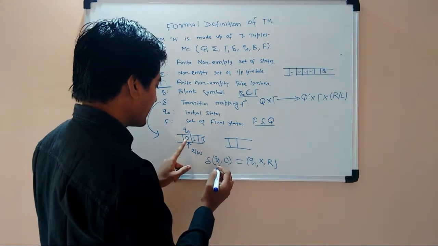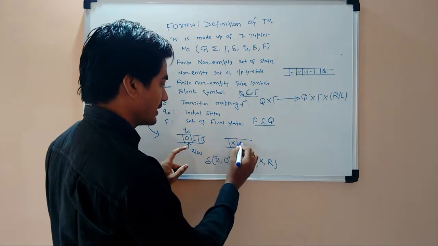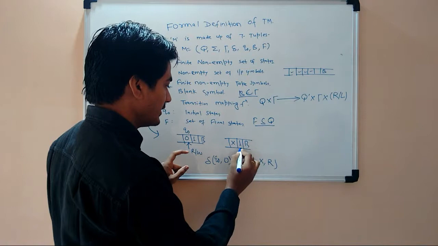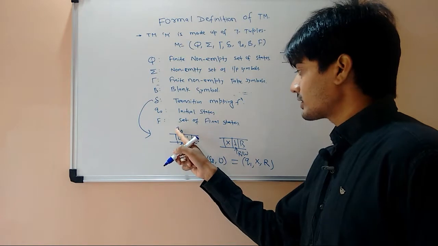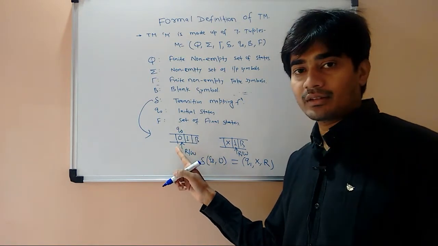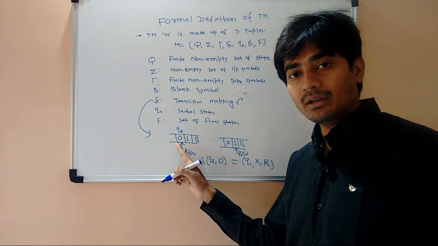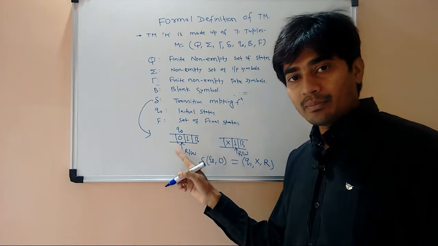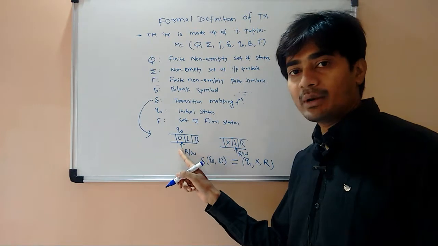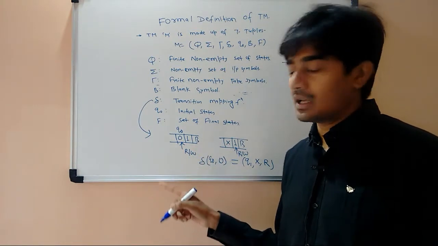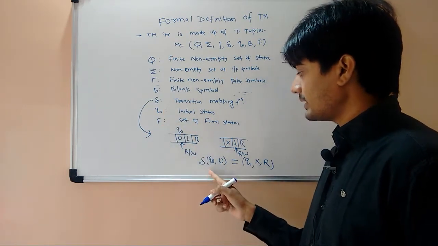So at the place of 0, 0 is read but X is written, and now the read-write head goes to the next cell. After reading a symbol on the cell, the Turing machine will also write, and after writing, the head will move left or right, and the state might change. This is the definition of transition mapping in a Turing machine.